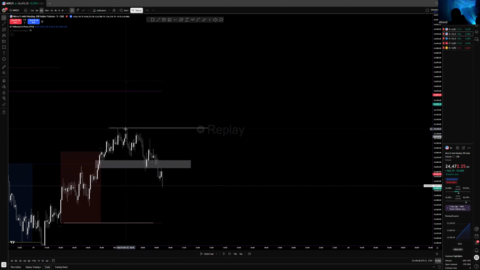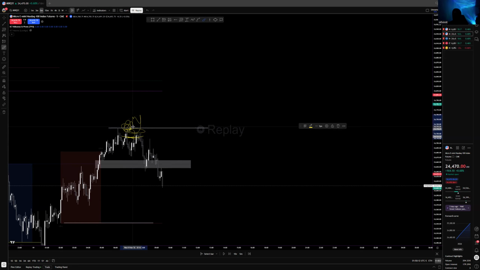So if it actually sweeps out that high, then most probably price comes back down, retests that inversion, and then goes up. So basically, this is what happens. If the price inverses this fair value gap, it has to sweep out this high right here in order for the price to keep going up.